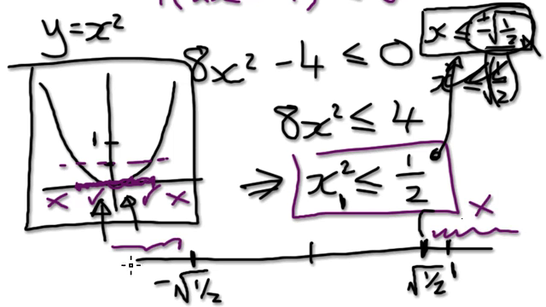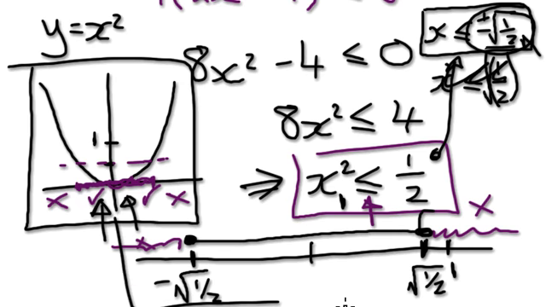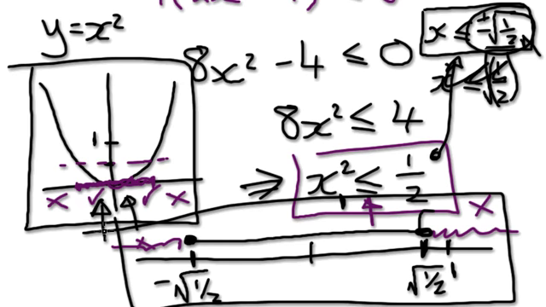So this here is bad, this here is bad. Anything on the inside will be good. Because this is less than or equal to, we can include the number negative root a half. We can use a black dot here, and anything in this region here is good. So this here is your diagram. Okay.